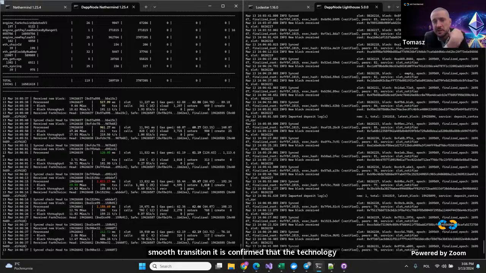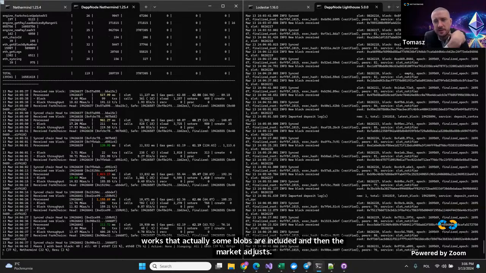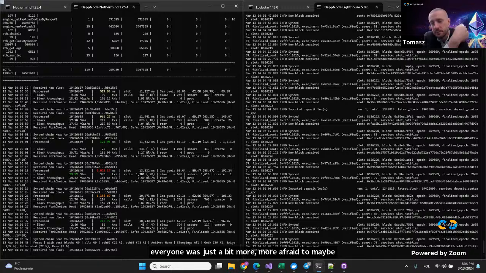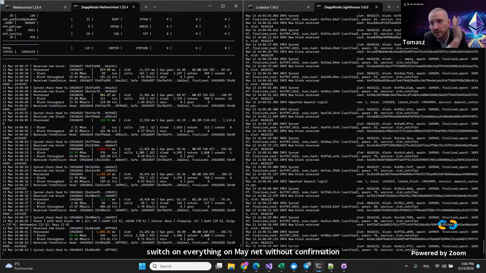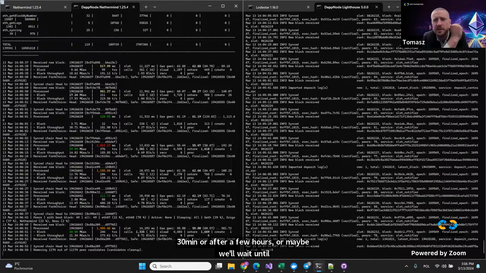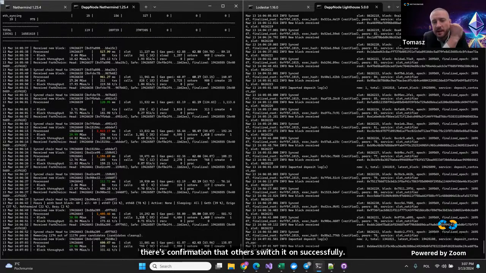Everyone was just a bit more afraid to switch on everything on mainnet without confirmation. Very often large operators say, okay, we have everything ready and tested, just switch it on after 30 minutes or a few hours, or maybe we'll wait until there's confirmation that others switched it on successfully. So I think that's what might be happening.